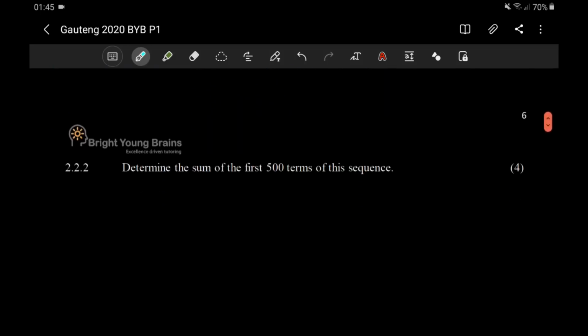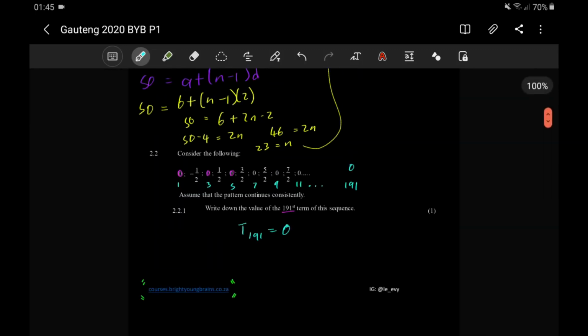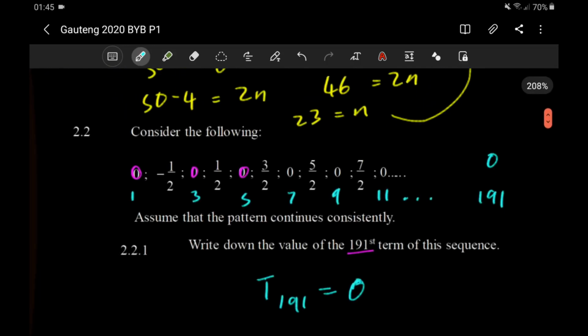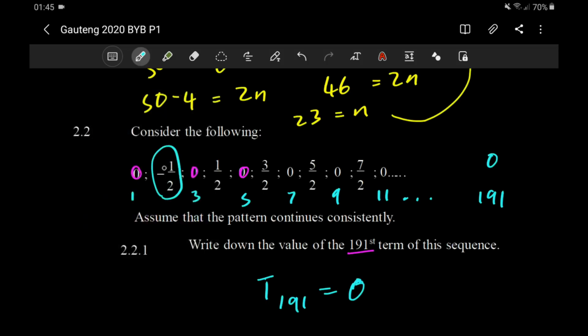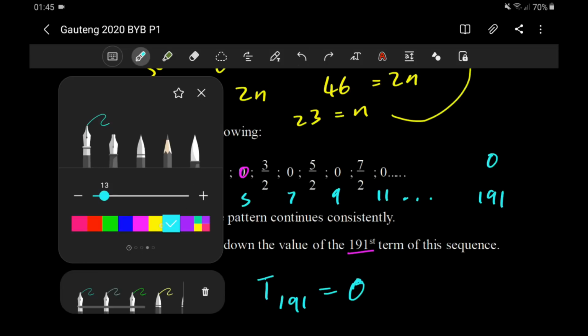The next portion, they said we should determine the sum of the first 500 terms. Even though they're asking for the sum of the first 500 terms, you want to recognize that the one thing that makes sense is to just deal with your fractions.